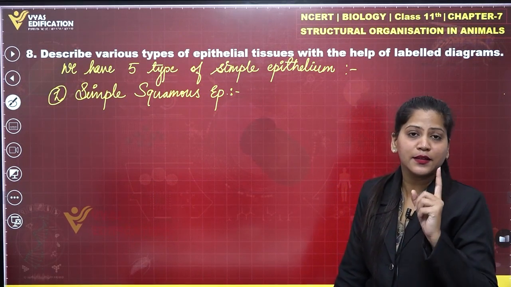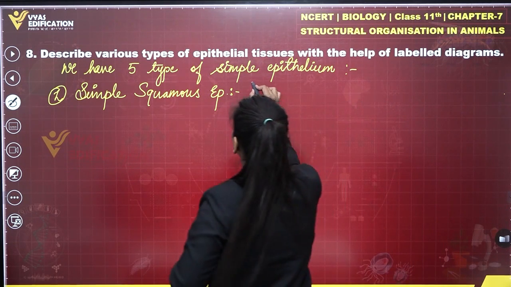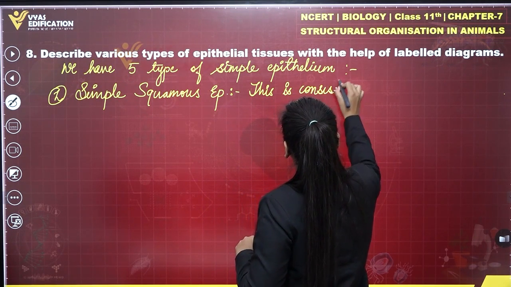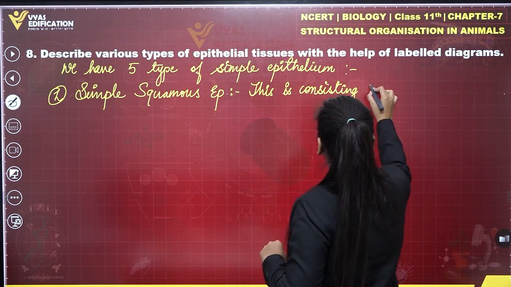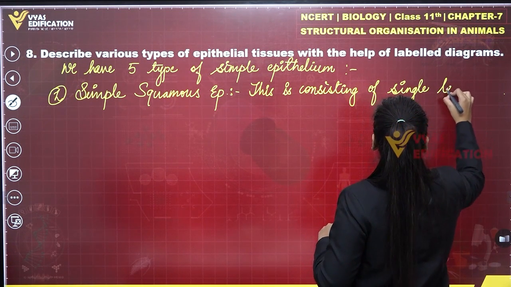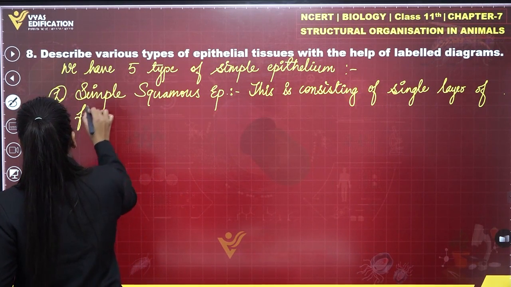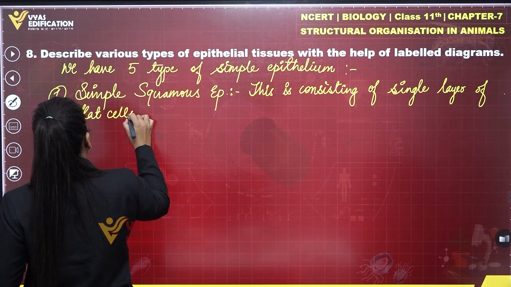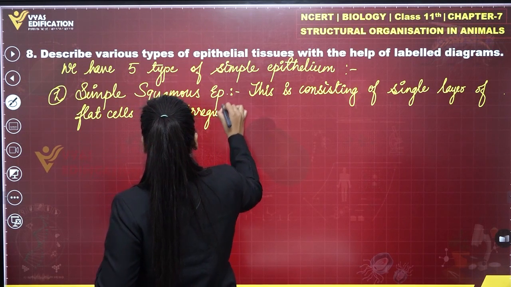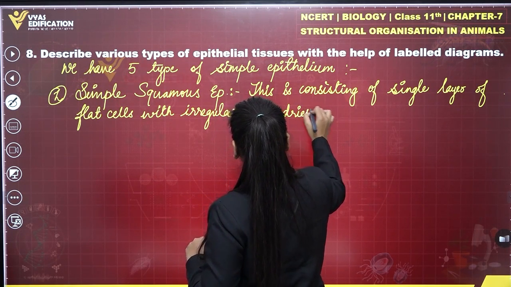So this layer is consisting of single layer of flat cells with irregular boundaries, right?